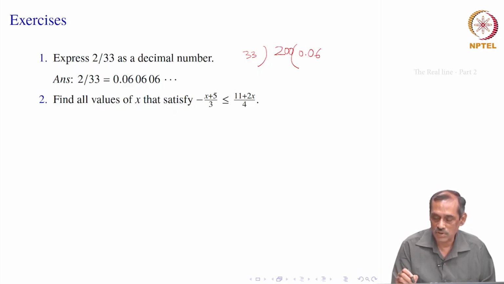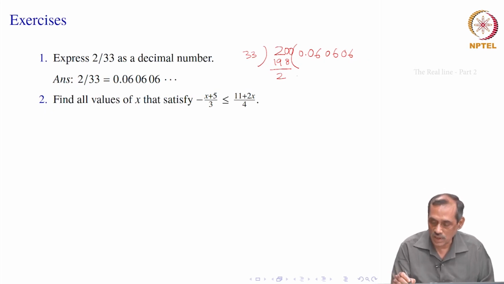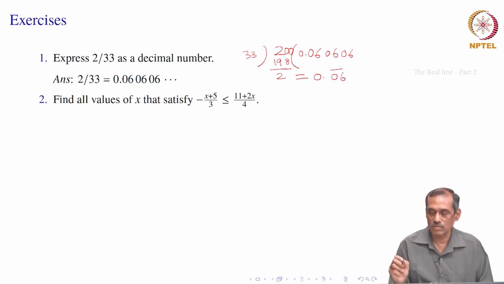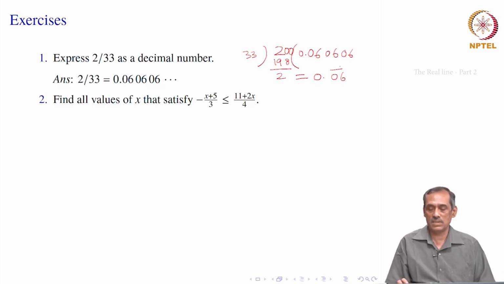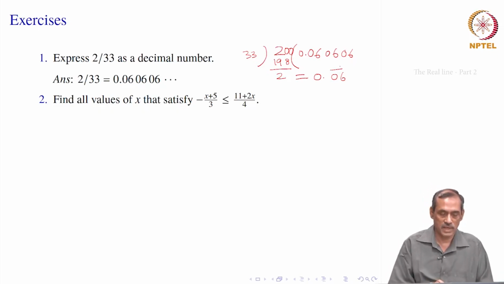So, 33 times 6 is 198, and you get 2 again and it comes back to the earlier thing. So, now you see that this 06 will be repeating, it will go on like this. So, this number we will write in the form of recurring decimals as 0.06 with a bar, which says that this 06 is getting repeated infinitely often. That is how it is obtained.